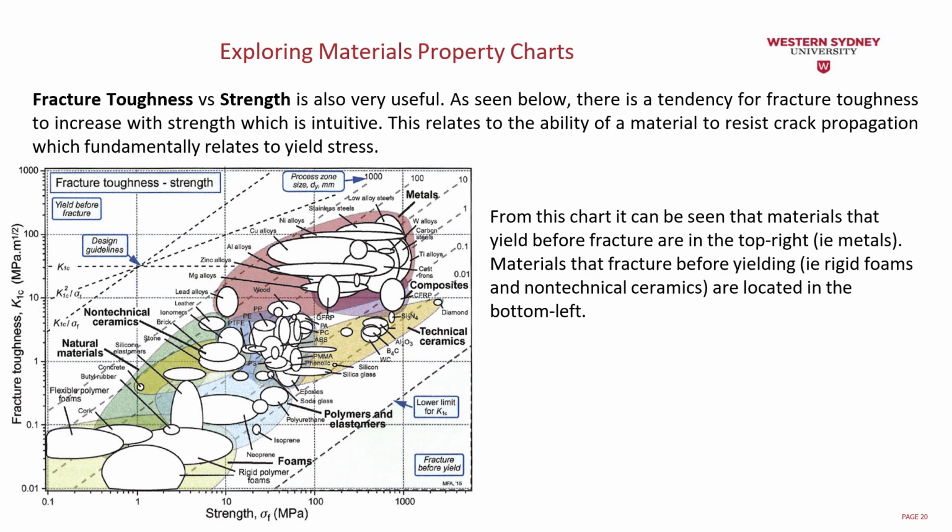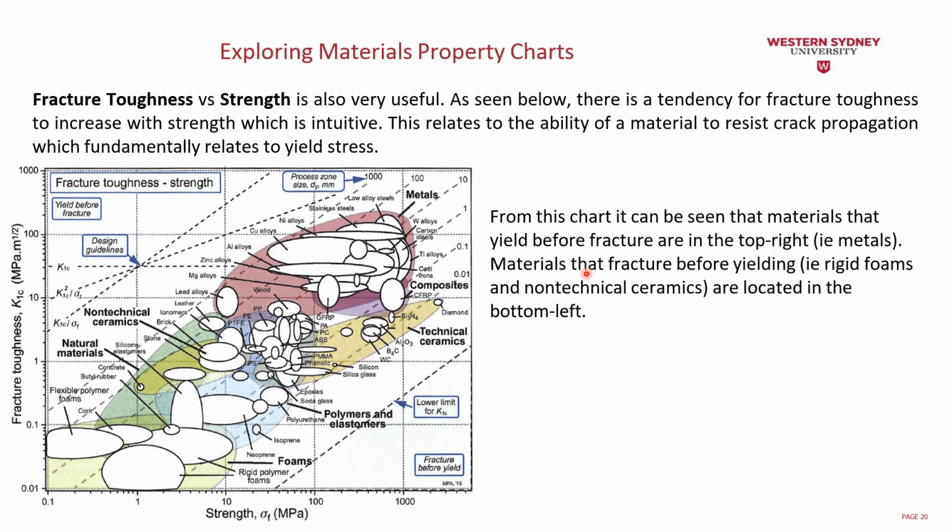For example, metals. Once again, the materials that yield before fracturing, which have higher plasticity like the metals, are sitting at the top right.